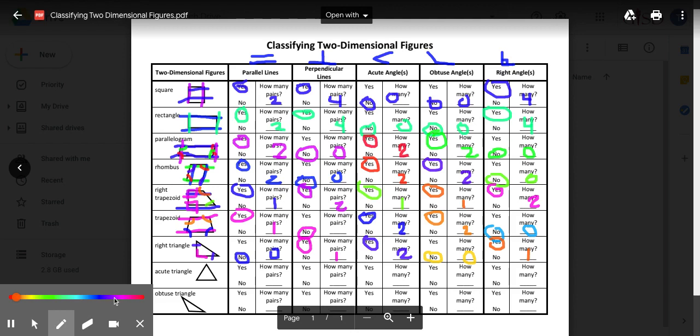Your next shape is an acute triangle. You do not have any lines that meet at a right angle, so you do not have any perpendicular lines or parallel lines, I'm sorry. You don't have any lines that run straight across without touching each other, so your answer is no and 0. You do not have any lines that form at a right angle, so your answer is no and 0.